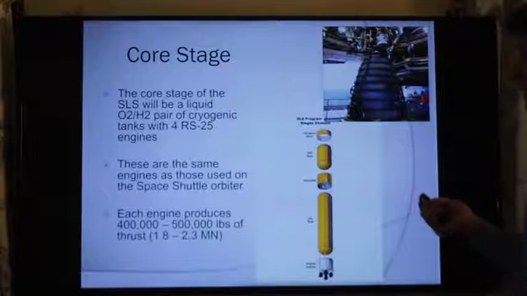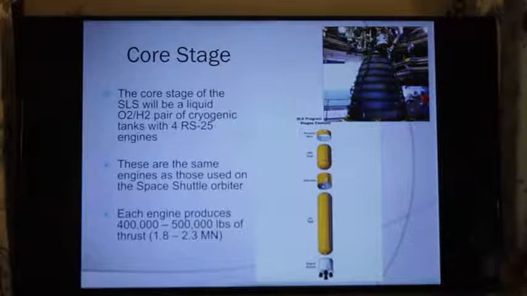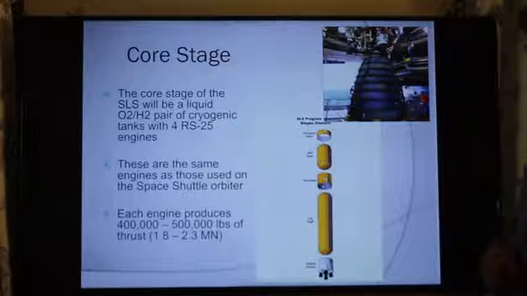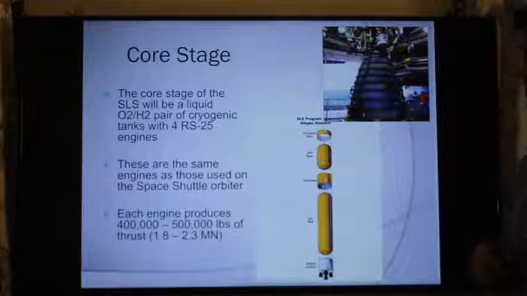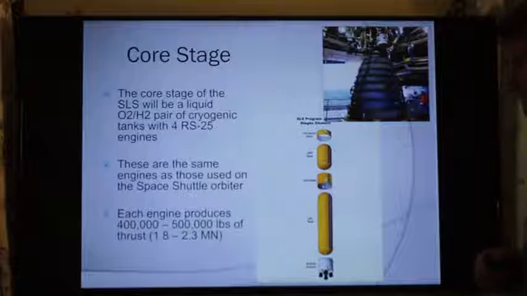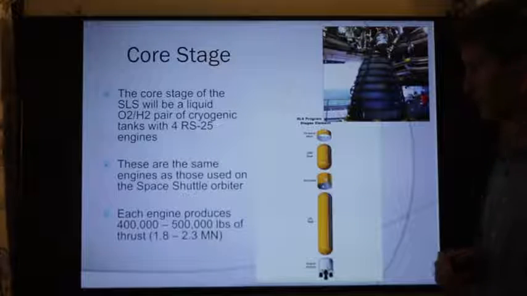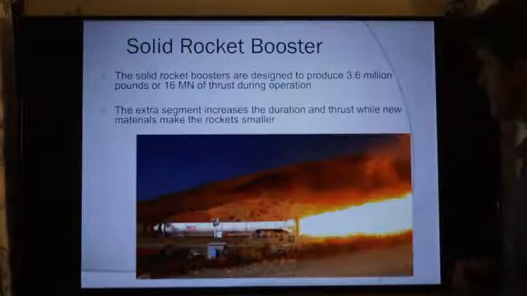The core stage of SLS will be a liquid oxygen, hydrogen pair of cryogenic tanks. And I'm sorry, did I say RS-32? RS-25 engines. So 4 RS-25 engines. Each engine produces roughly about 2 million newtons of force.